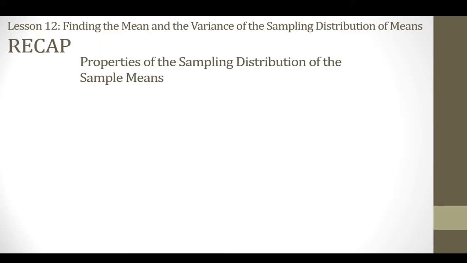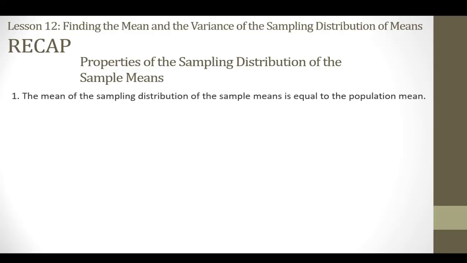Okay, good. Next. Let us have a recap for the properties of the sampling distribution of the sample means. So, the mean of the sampling distribution of the sample means is equal to the population mean. So, lagi niyo tatandaan, kapag yung sampling distribution na sample mean ay equal lang sa population mean. So, kapag nakuha niyo na yung population mean, ibig sabihin, yun din yung sampling mean.